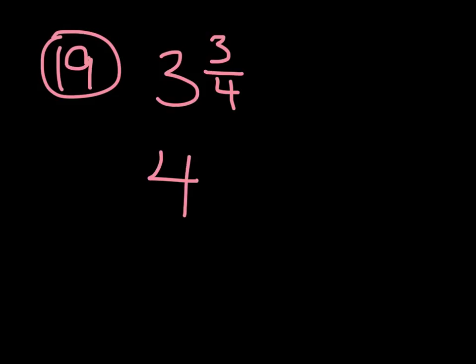Number 19 says Tisha walked 3 3/4 miles before lunch. She walked 4 7/12 miles after lunch. How many miles did she walk in all? Of course, you're going to add those again. Find our common denominator, which is 12.